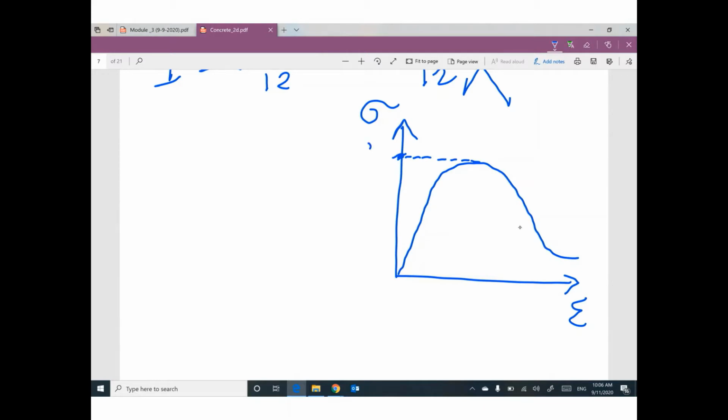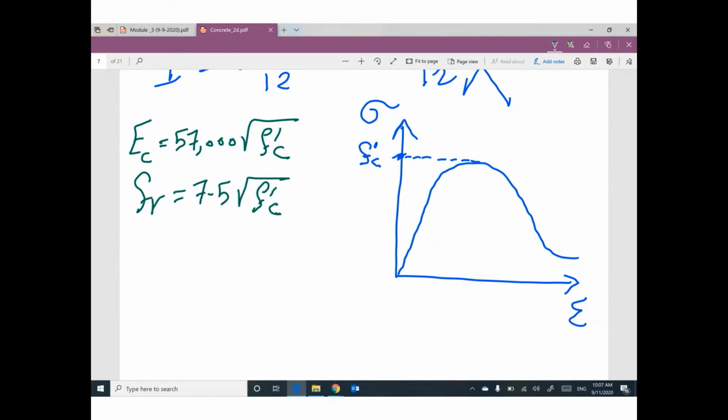You have to remember f'c. This f'c will be used to figure out two things: E of concrete, 57,000 square root of f'c, and fr, which is 7.5 square root of f'c.